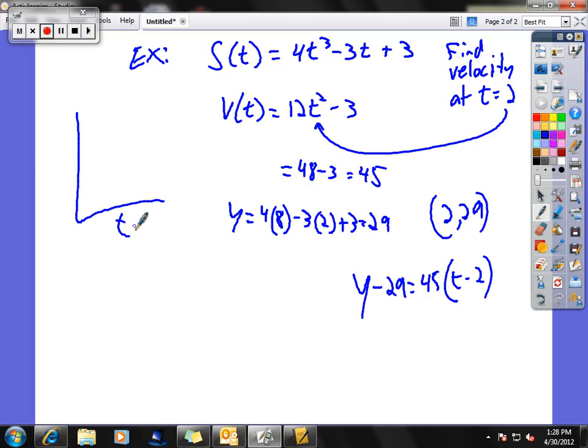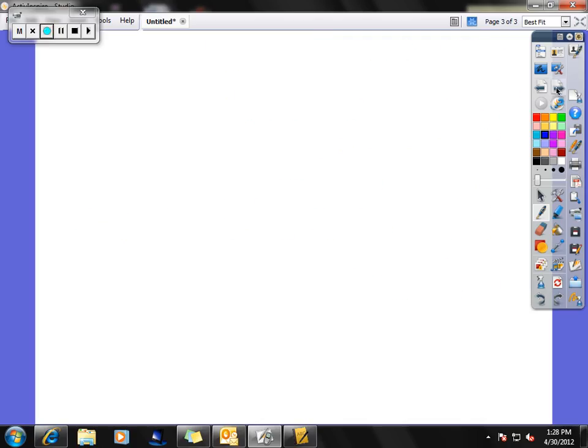Okay. Any questions on that? So you're going to be dealing with some velocities, position and velocity and stuff, and you're also going to have to do some equations of tangent lines. I'm going to give you some homework assignment here out of the book.